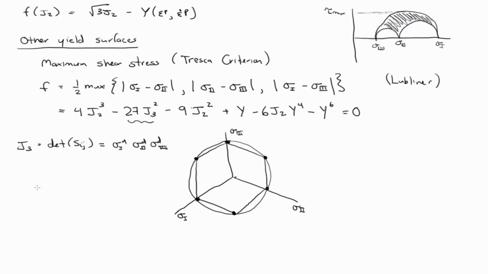So if we look at the case right at yielding, remember we had that the deviatoric stress, in the case of a perfect plasticity model, right at yielding, looks like this.